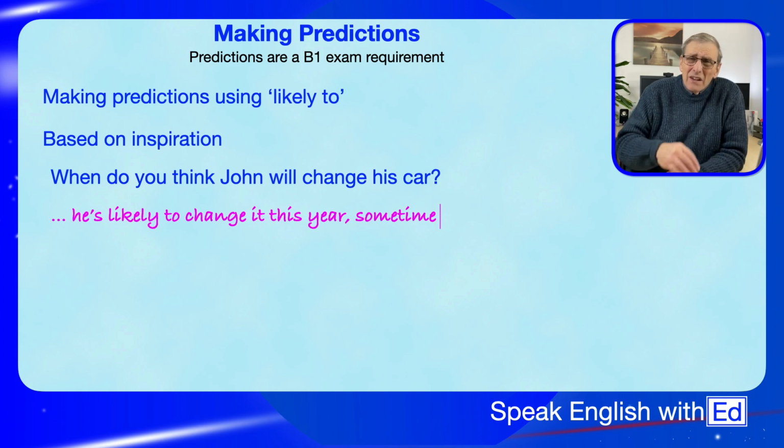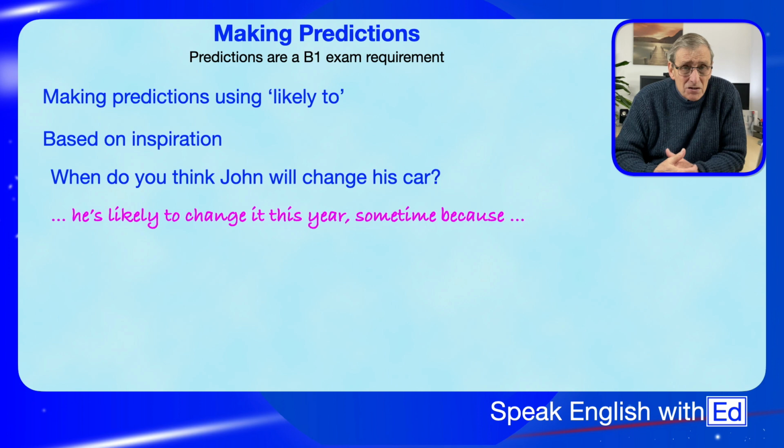So you can say, well, he's likely to change it this year. Don't forget to give your little because at the end. You could say, because he changes it every 2 years as a rule. Using likely is usually based on inspiration, not on data, not on information. It's based on inspiration, not information.